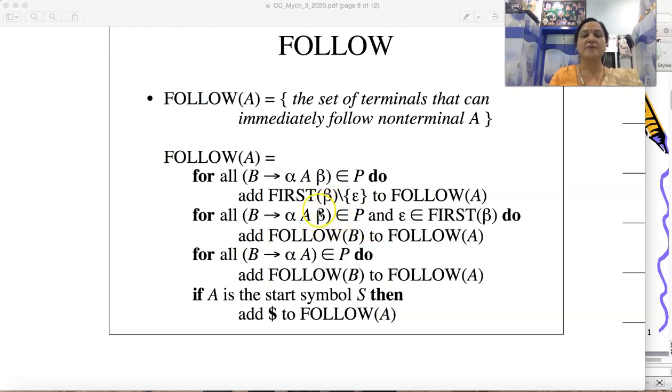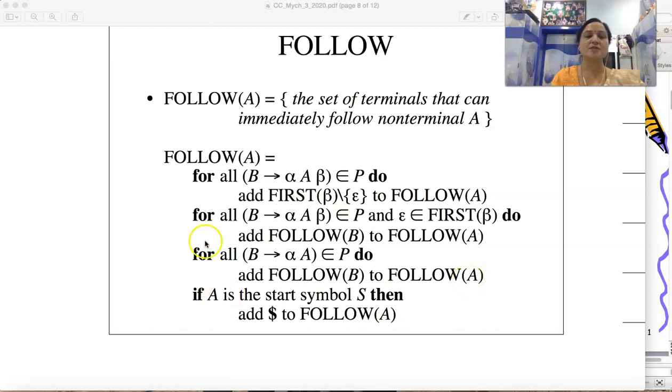If beta remains absent, then the production will become B tends to alpha A. In that case, follow of B is equal to follow of A. So add follow of B to follow of A. Now the third case is that if we have a production such that B tends to alpha A, here by default beta is absent. In the earlier case beta was deriving epsilon, so it was a possibility that beta may remain absent, but in this case beta is not at all there. So directly I can write follow of B is added to follow of A.